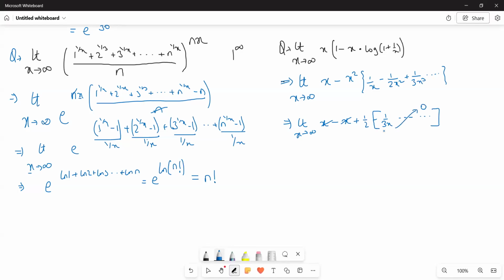All of it becomes 0 because they will have an x in the denominator. So the value of the limit is half. You will have to remember all the series expansions. As I said, all of it is very, very important.